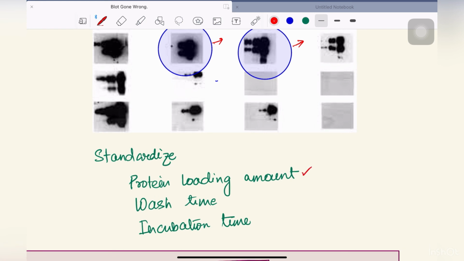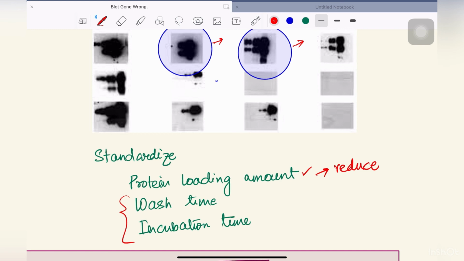If you're loading too much protein, then these kind of blotches may appear, where too much of your protein is present and your antibody is giving too much signal. So you can avoid that by reducing the protein loading amount. And you can standardize the washing time and the incubation time with antibody as well to reduce the occurrence of these blotches.